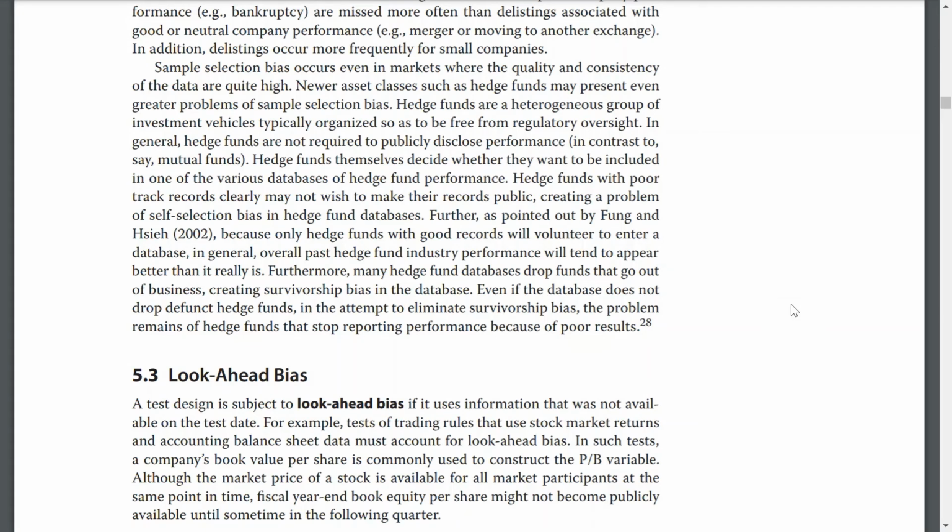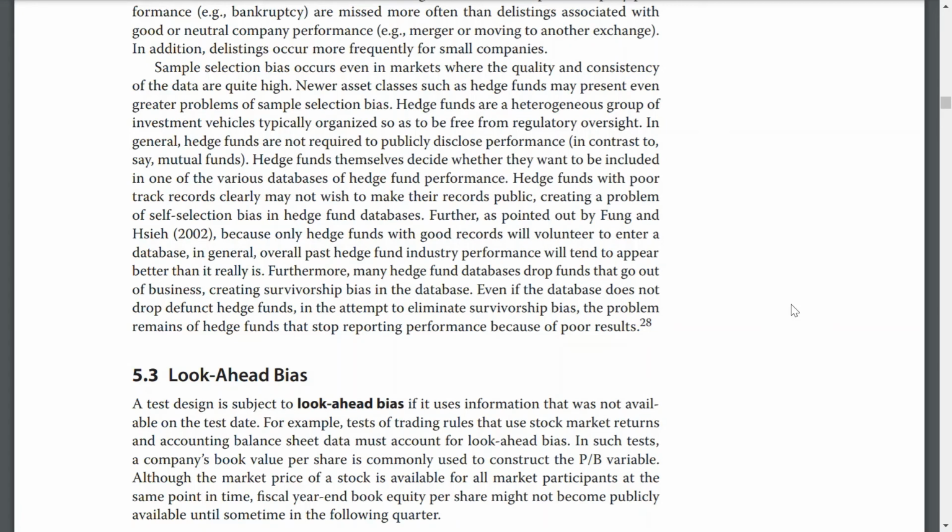Further, as pointed out by Fung and Hsieh, 2002, because only hedge funds with good records will volunteer to enter a database, overall past hedge fund industry performance will tend to appear better than it really is. Furthermore, many hedge fund databases drop funds that go out of business, creating survivorship bias in the database.